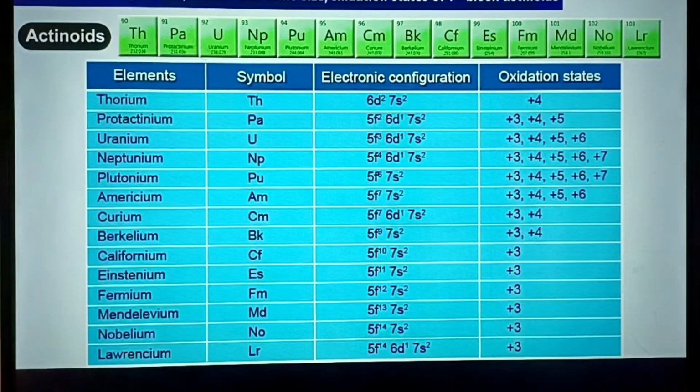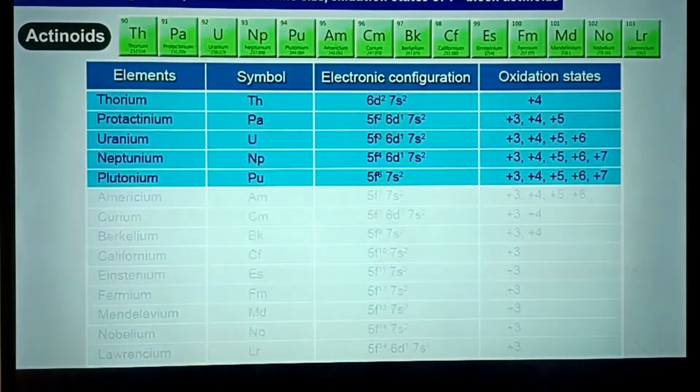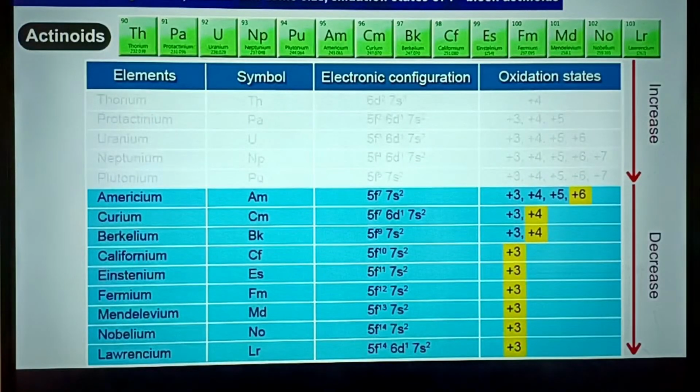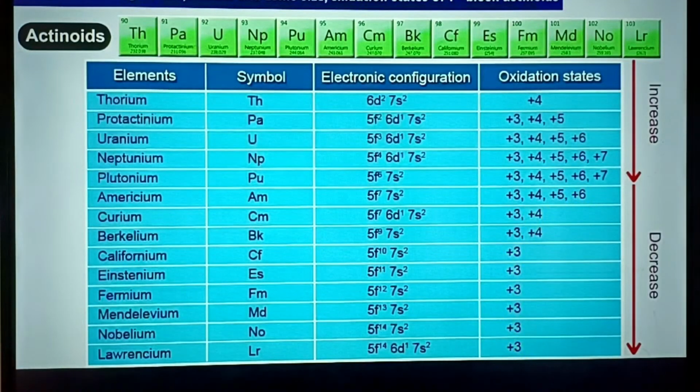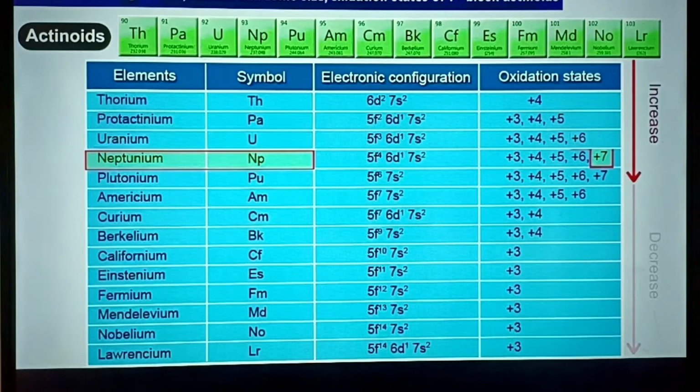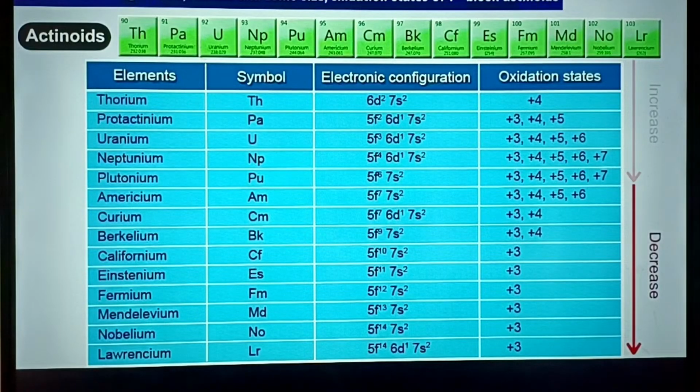The maximum oxidation state first increases up to the middle of the series and then decreases. That is, it increases from +4 for thorium to +5, +6, and +7 for protactinium, uranium, neptunium, and plutonium, but decreases in the succeeding elements.